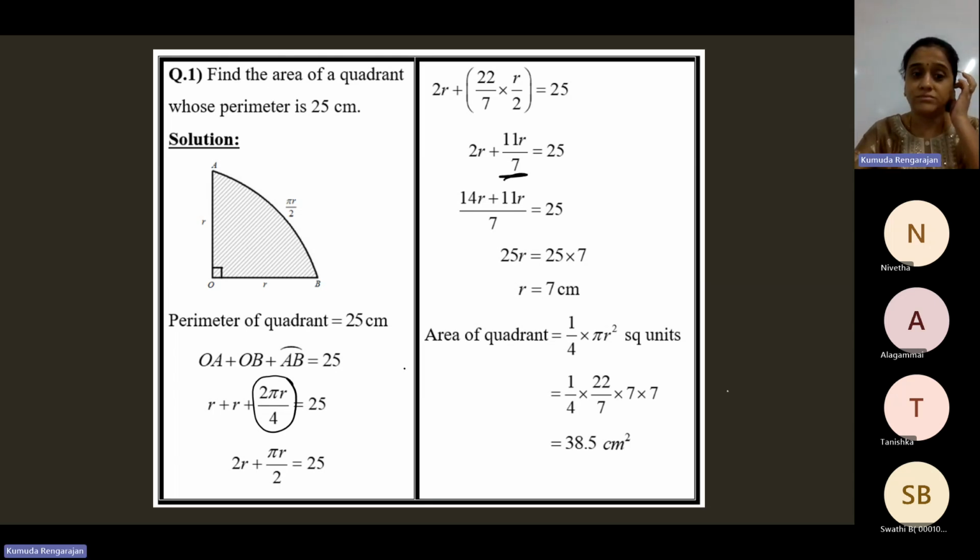Both are the same. So what was the mistake?